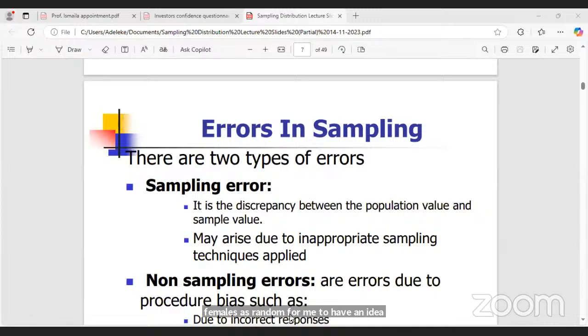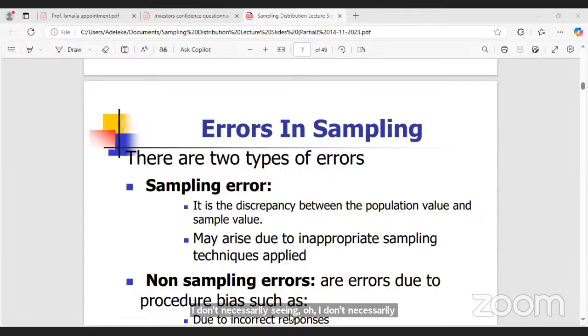If I end up selecting only the slim ones or only the very big ones, that sample will be biased because it doesn't reflect the population. The ladies in the FBA 300 level are not necessarily thin or necessarily big.